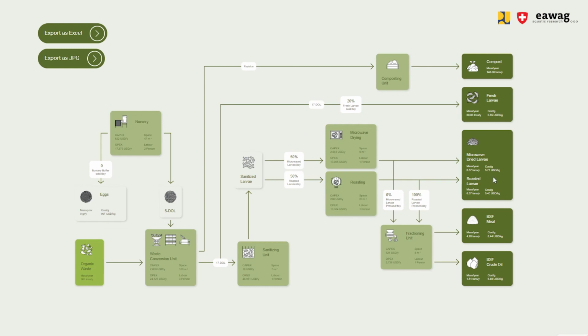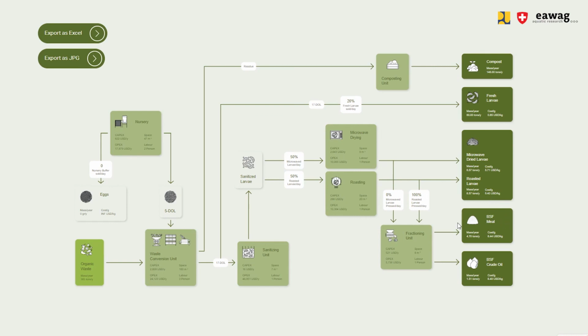So for the microwave dried larvae, we produce 6.57 tons per year with a cost of $5.71 per kilogram. For the roasted larvae, obviously we produce the same amount, but with a little bit lower cost due to different operational costs for roasting the larvae. So the eventual cost comes to $5.4 per kilogram.